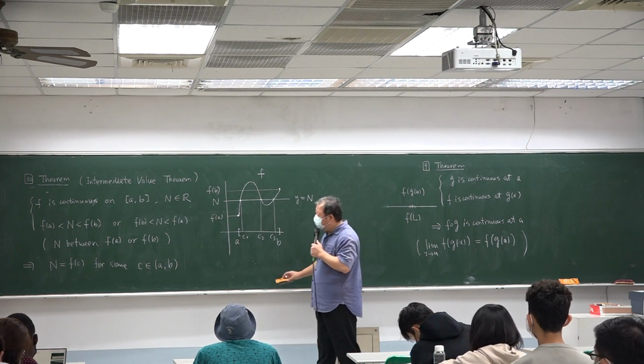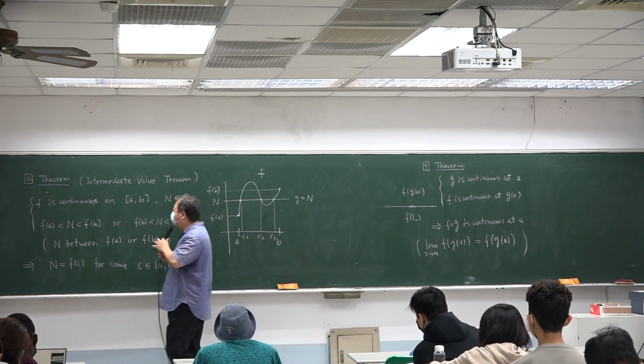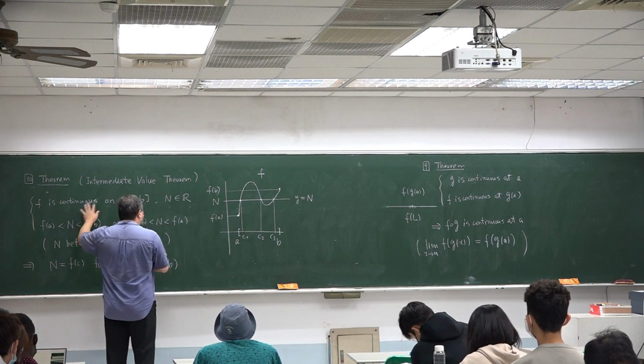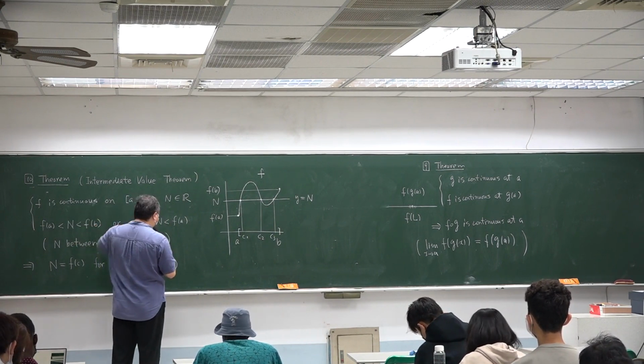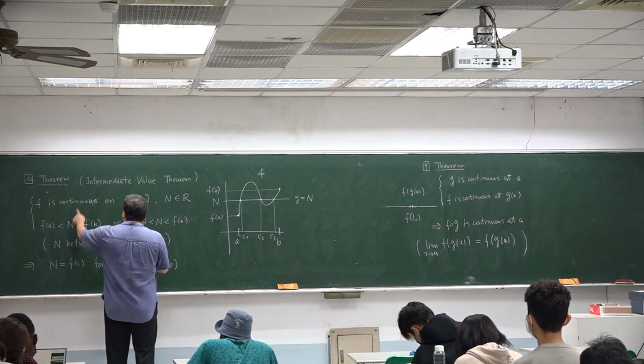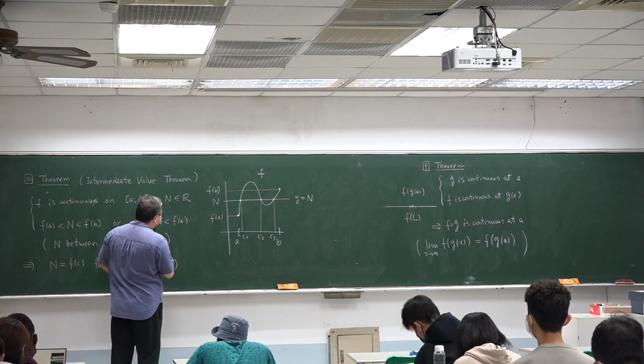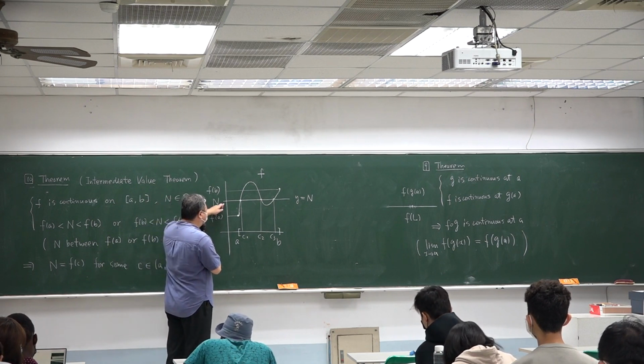The conditions are continuity on a finite closed interval, and N is an intermediate value. Then N must be a value of this function.